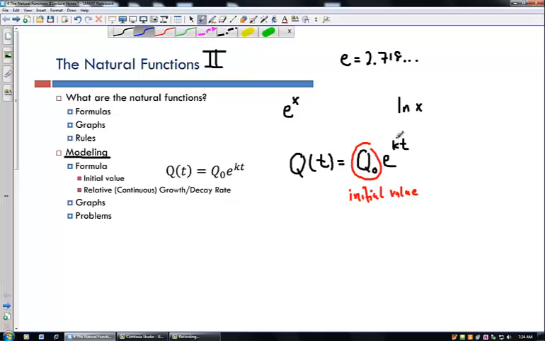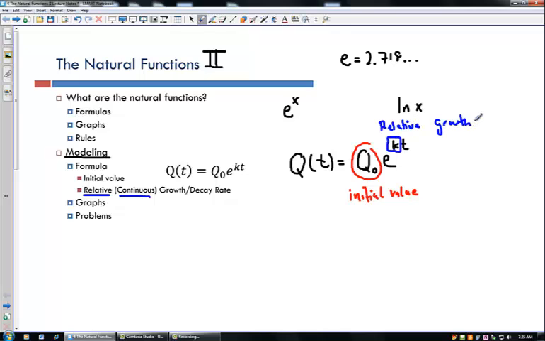it depends on what textbook you use. Sometimes they call it the relative growth / decay rate, depending on whether you're growing or decaying, or continuous growth / decay rate. I like continuous, but it just depends on the problem. So it's going to be relative or continuous. So we can call this the relative growth.